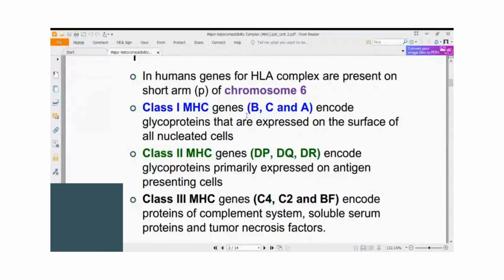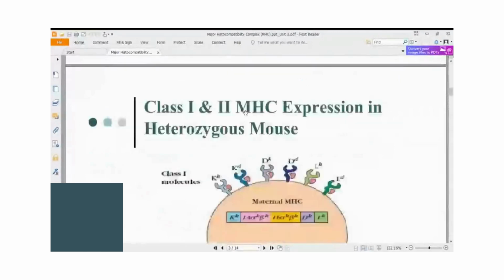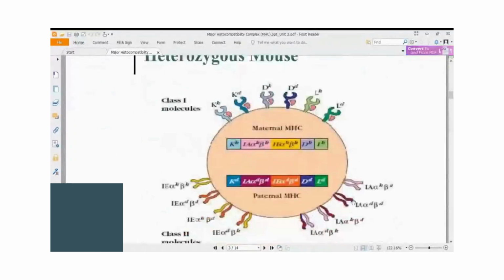Okay, so let us see, before that, the distribution of class 1 and class 2 MHC on a particular cell. On a cell, class 1 is expressed, and it is a nucleated cell. But if class 2 is expressed, it is a nucleated cell, but it is an antigen presenting cell.